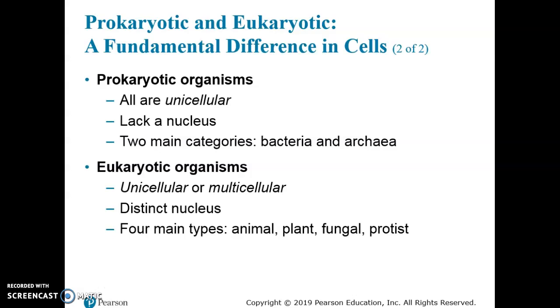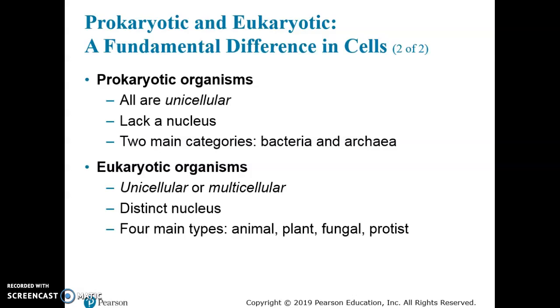It lacks a nucleus, and the two main categories are bacteria and archaea. Remember, the archaea are really what's considered the extremophiles. However, there is data to suggest that even in our gut flora, in our intestinal tract, there are a few species of archaea, just in us.